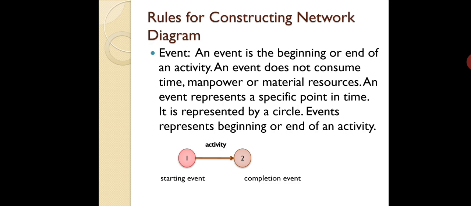The activity is the passage of time, whereas events are just points of time. For example, the activity starts at 2 o'clock and finishes at 4 o'clock. These are events, whereas the activity took 2 hours to complete. This is the passage of time.